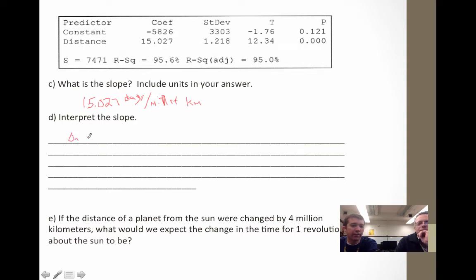So on average, for every 1 million kilometers, that's the 1 unit in x, the revolution time around the sun goes up, or increases, 15 days.